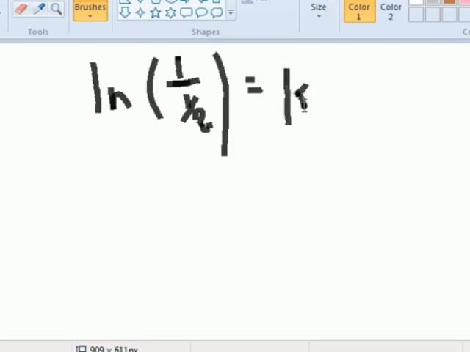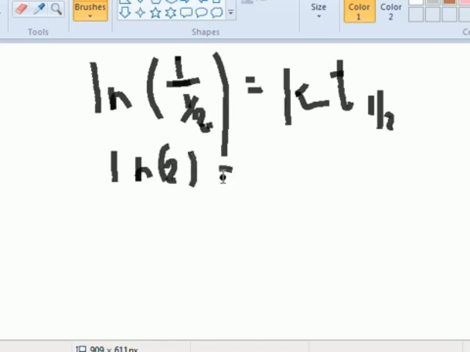And t is the half-life, because that is the time where the original amount becomes half of the original. For this one, 1 divided by 1/2 is equal to 2. So we have ln 2 here. That means in 1, how many halves do we have? That is 2. So we have ln 2 is equal to kt, where t is the half-life.